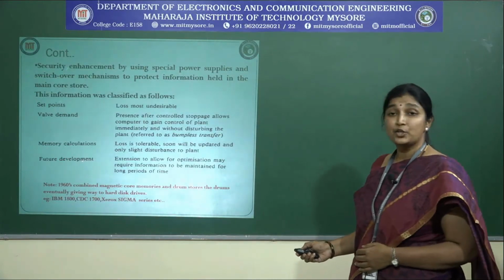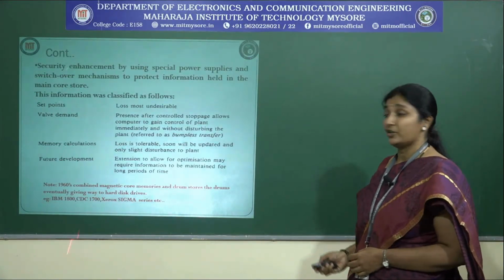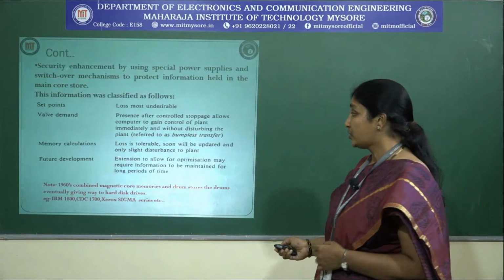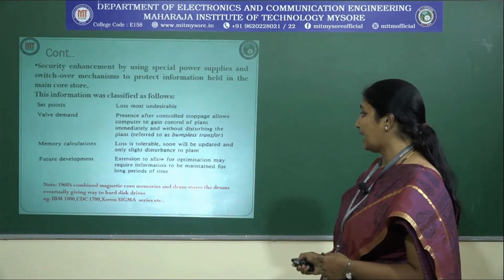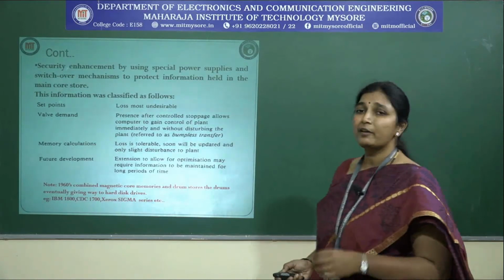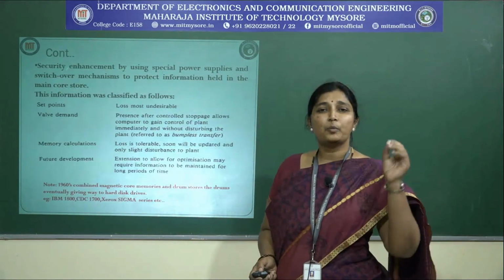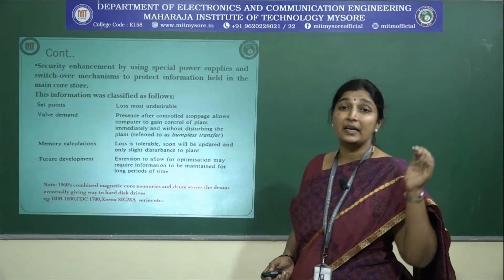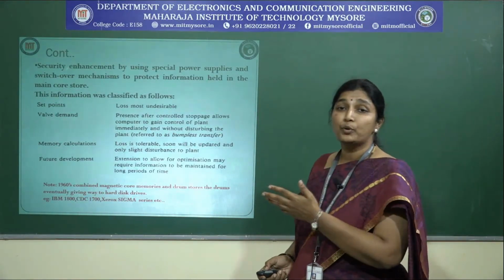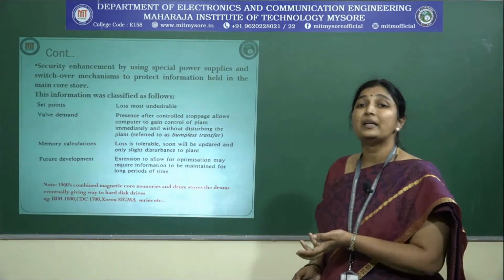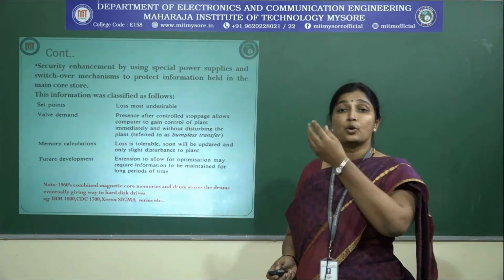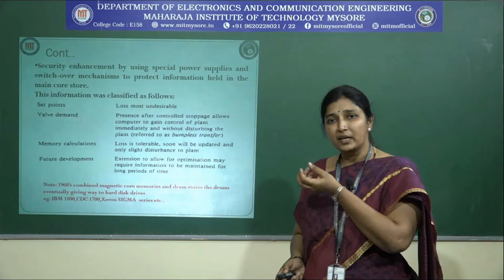Next, the challenge was about the memory calculation. The memory calculation loss is tolerable, soon will be updated, and causes only a slight disturbance in the plant. For example, say there is about 0.2 seconds of delay at the input, and at the output, due to internal or external issues, there could be a delay of 0.3.